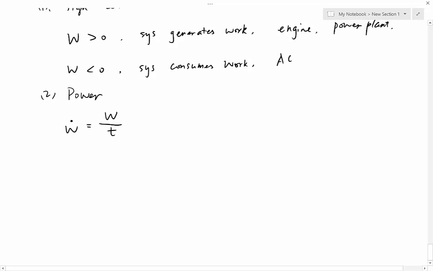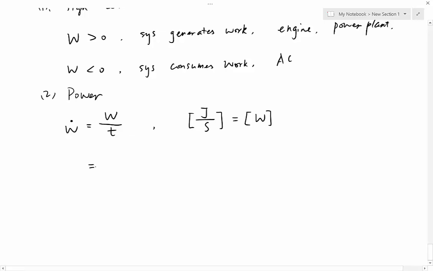That is the definition of power. And then what is the unit? We can find out the unit from the definition very easily. The unit for work is joules divided by time, which is seconds. So the unit for power is joules per second, or you can just call it watt. They are equivalent. Watt is the SI unit for power.